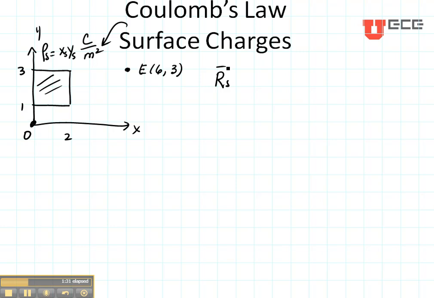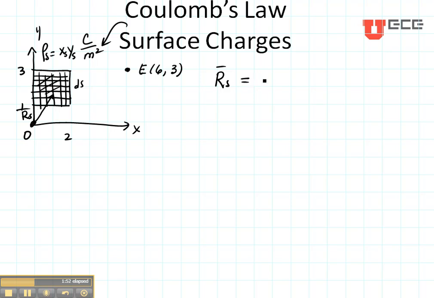Well, there are a lot of places on this source, so what I'm going to do is break it up into little pieces. Each of those pieces is a little ds term, and I'm going to draw my rs like this from my origin to that piece of the source.